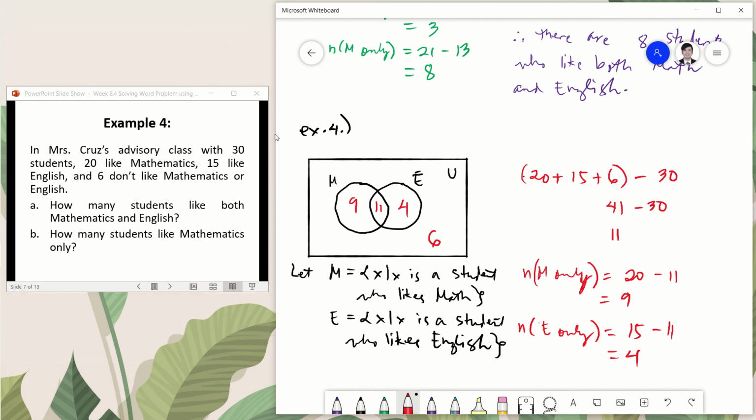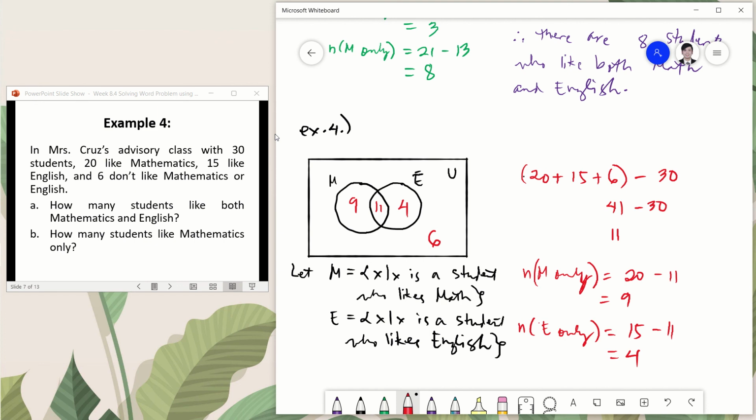So we'll double check if our result sums up to the number of students being surveyed. So 9 plus 11 is 20. 20 plus 4 is 24. Plus 6 is 30. So therefore, to answer our question in complete sentences, but I will not be writing it on my board: how many students like both math and English?